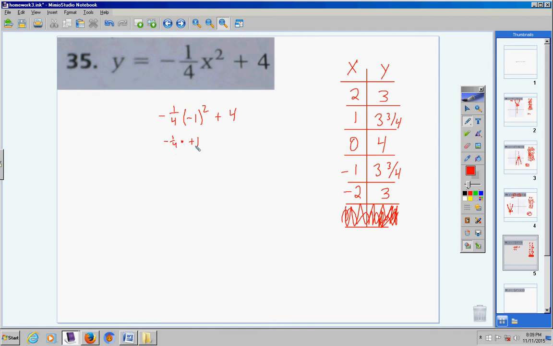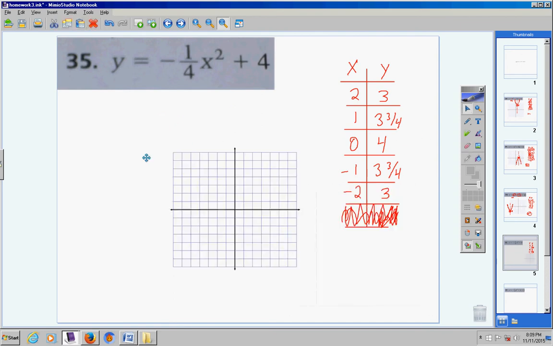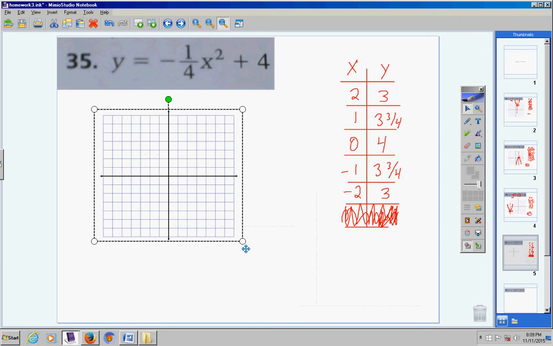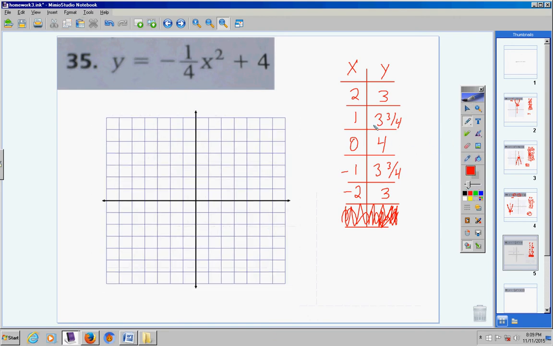Anything times 1 is just itself, so negative 1/4, and then positive 4. When you combine those, you will get 3 3/4, okay? So we're actually doing pretty good here. On all of our table of values, everything's matching up. So let's go ahead and graph and we'll be done.